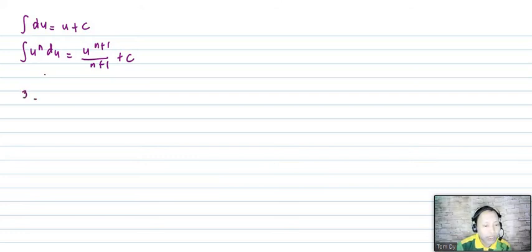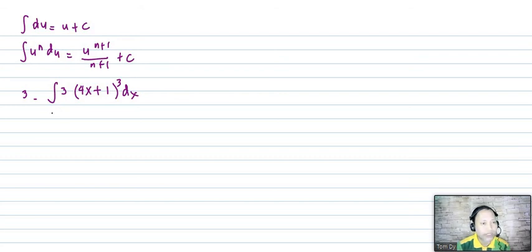What if we have another example? Let's say the integral of 3 times (4x plus 1) raised to 3 dx. So we will make use of U-substitution.